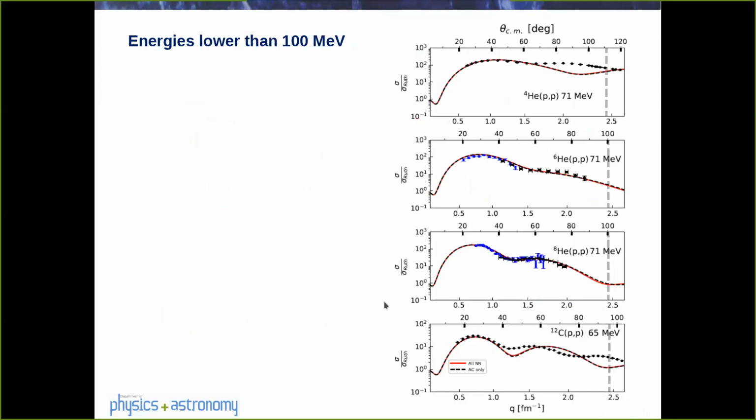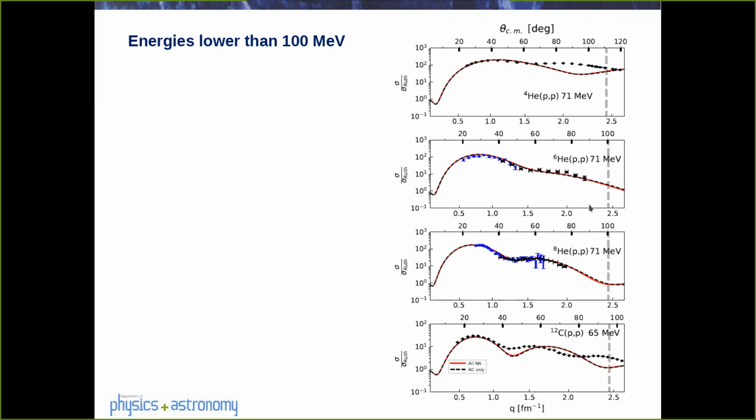Okay, we also did something else. We went to energies even lower than 100 MeV, and here it's helium-4 up to carbon. And we were very surprised. Helium-6 and helium-8 have been measured extensively in inverse kinematics at RIKEN.